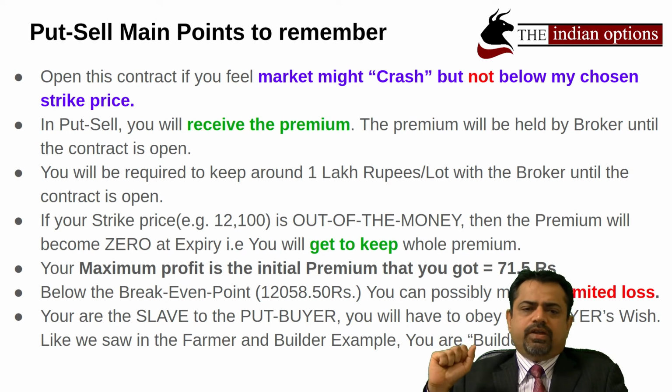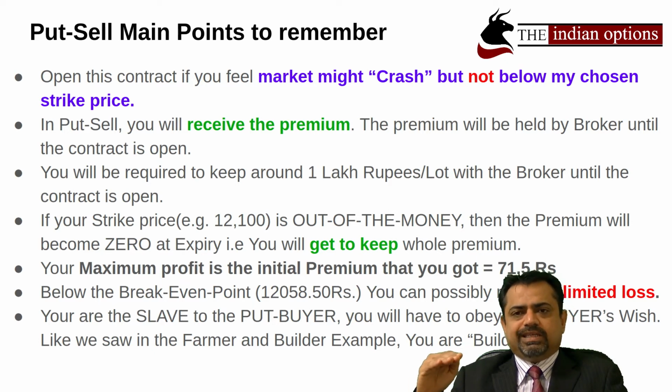Okay. Now, if your strike price is out of the money, meaning that the market has not reached your strike price, in that case your contract is out of the money, and you are going to keep this whole premium to yourself as your profit. Your max profit is going to be 71 rupees 50 paise. That is the premium that you have already got.